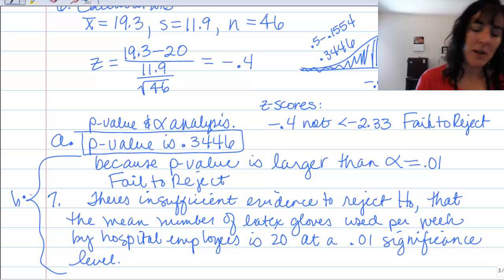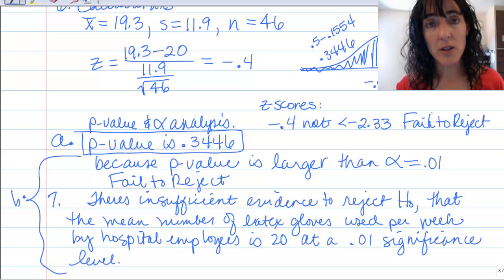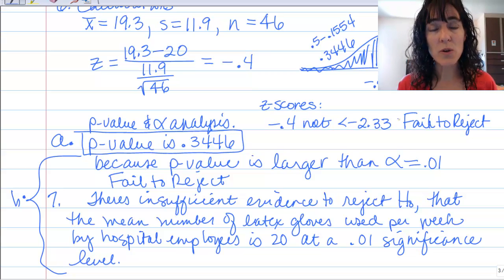This is part B. And it is not looking for an analysis of the z-scores and the rejection region. So that part is nice to put on here because it helps us verify that we did the p-value and the alpha analysis correctly, but it is not what's being asked for. What's being asked for is look at the p-value and the alpha and tell us what you're going to do and then draw your conclusion.